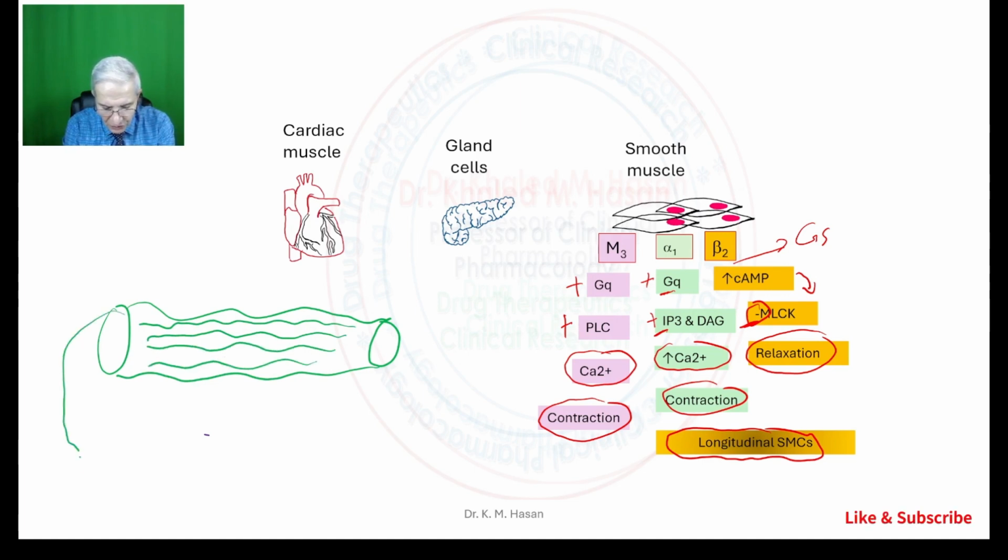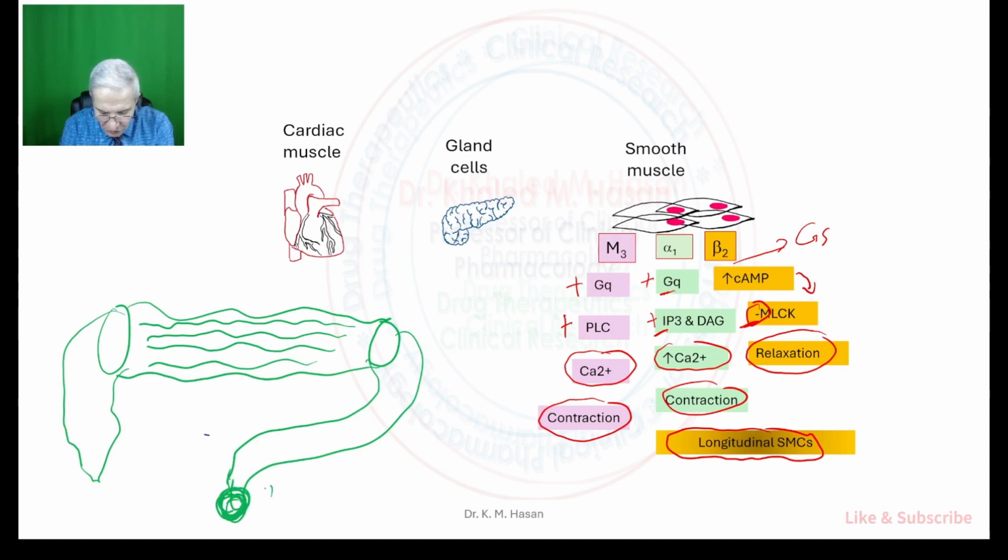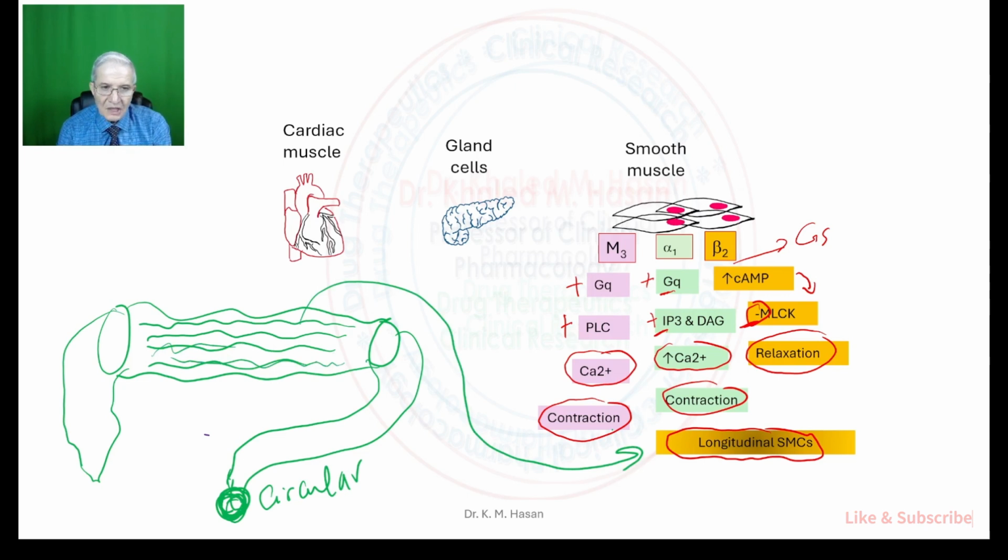And if you talk about the colon here, then at the end we have the anus and the rectum. Here we have sphincter. The type of muscle here will be circular muscle. So in the colon wall we have longitudinal muscles. What happened here, we need to remember, we have two types of muscles available in the GI system.